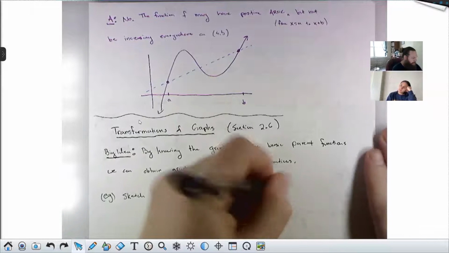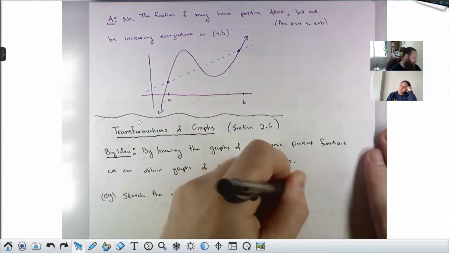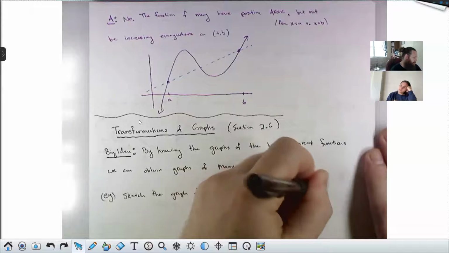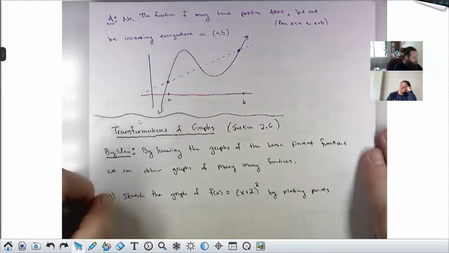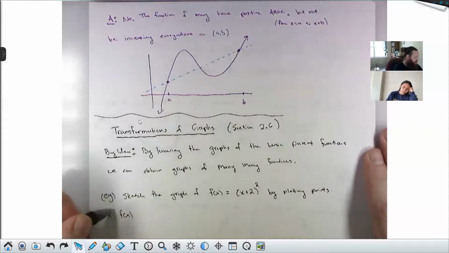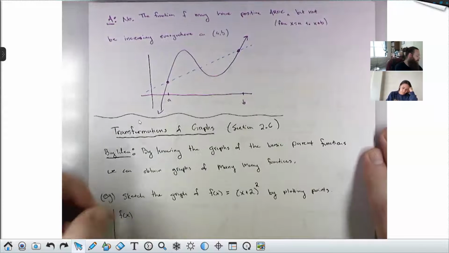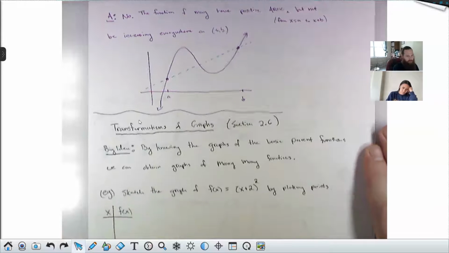And we're going to do this by plotting points. So I'll make a little table, x's and f of x's. We're getting used to this function notation.